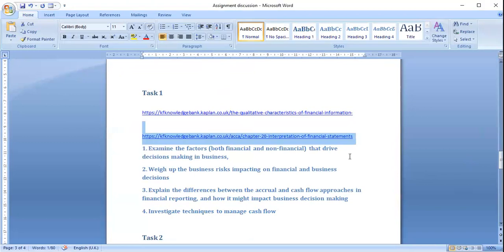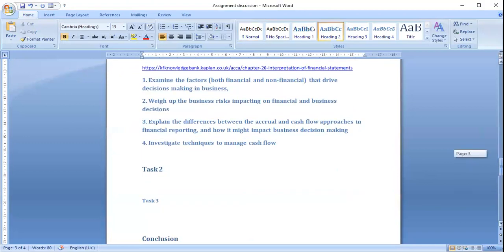So you can look at lesson 1 accordingly, because underneath you've been given what you're supposed to do in your assignment. Like here, this is what task 1 is about.